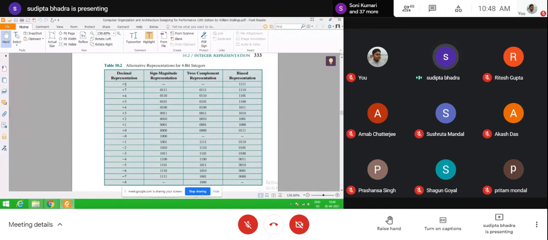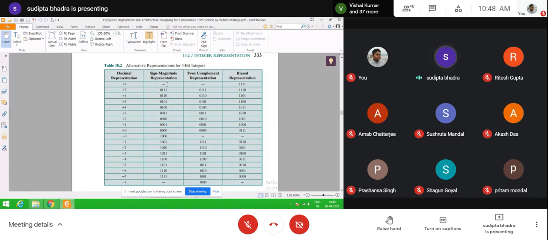In case of plus 8, sign magnitude and 2's complement both are unable to represent plus 8. Why? Because it is 4-bit, so 1 bit is used for sign. 4-bit means the a3 bit is used for sign.